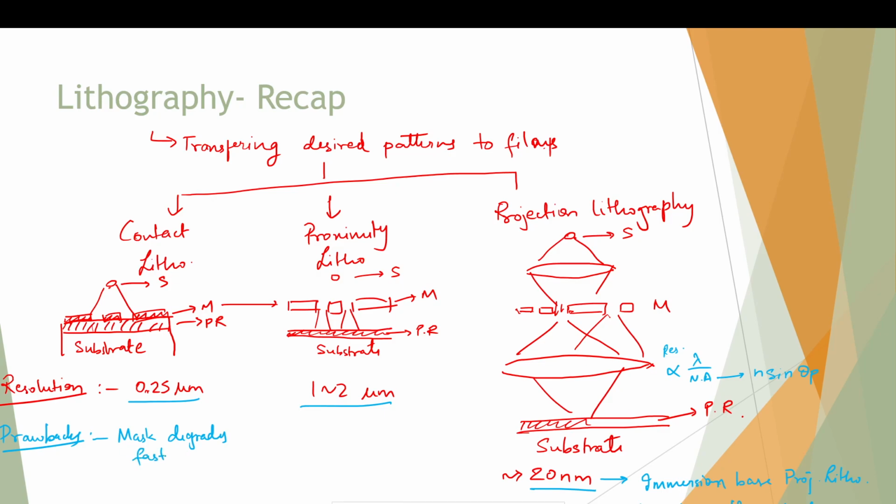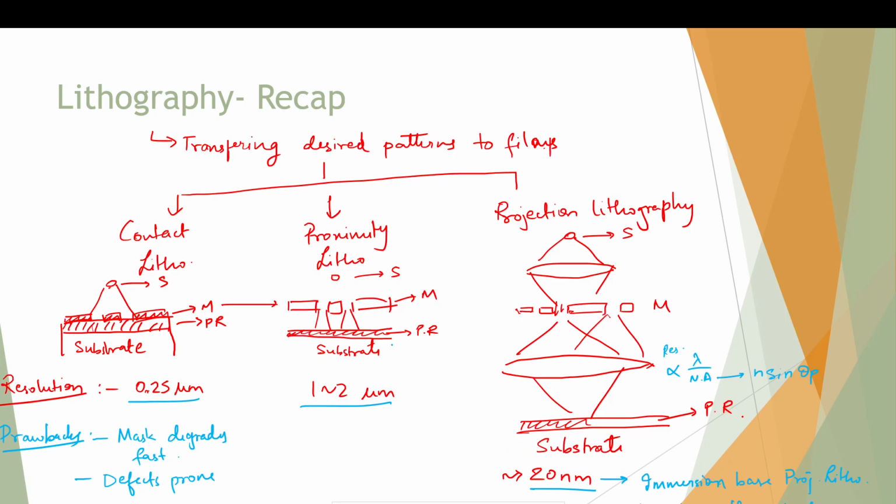Secondly, since the mask is in contact with the photoresist, there is a chance that we transfer some impurities from the mask onto the photoresist, creating a lot of defects. So the design that is transferred will be defect prone.